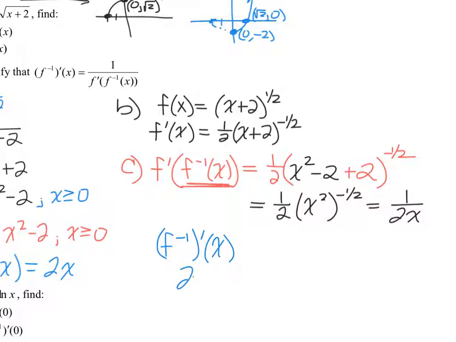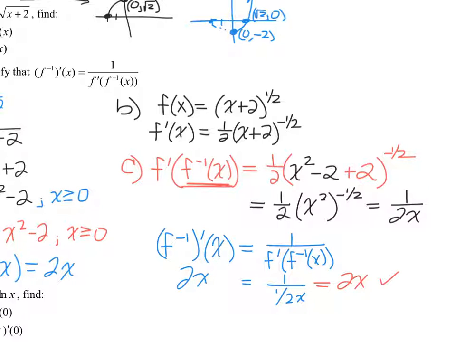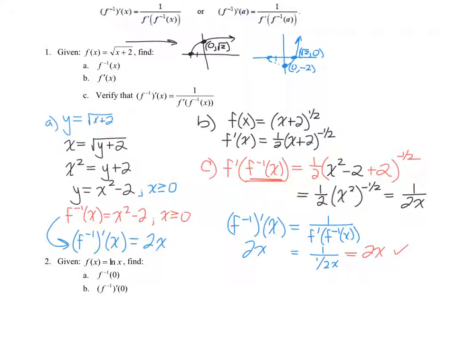That, which we know is 2x, should be equal to 1 over the derivative of f composed with the inverse. So 1 over 2x. And those are the same thing, all right? 2x and 1 over 2x would be the same thing. So it checks out. We have a working relationship here.